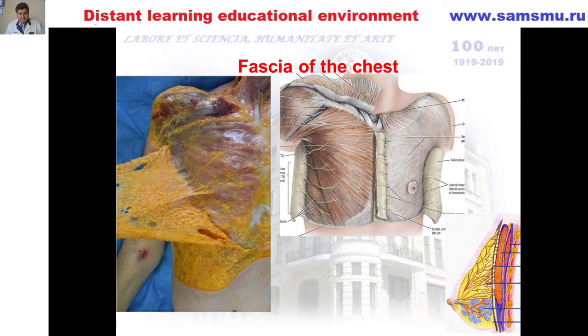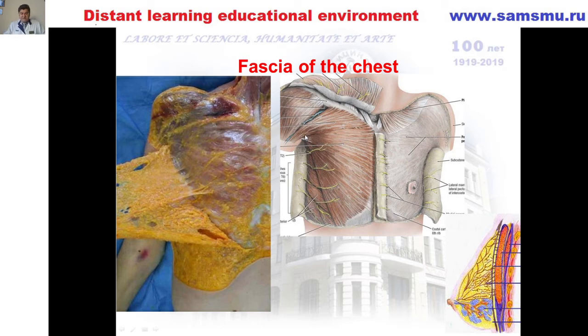So both sheets of the pectoral fascia join in two places: in the deltopectoral sulcus and at the inferior border of the greater pectoral muscle, where the pectoral fascia is continuous with the axillary fascia. Fascia axillaris is situated here in fossa axillaris.